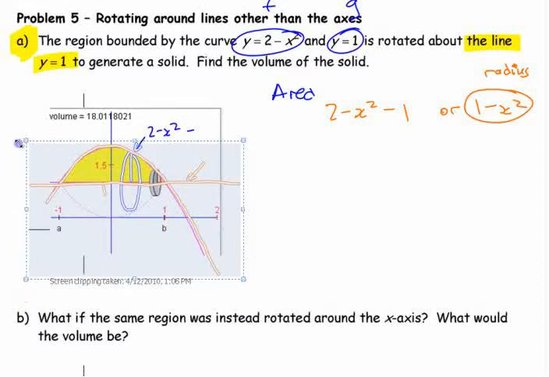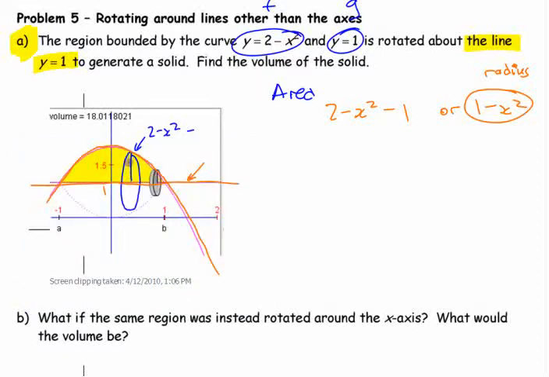That's one way to think about it. The other way is to think about the length of this: leave it where it is and say it's this height minus this height, the difference between those two. It's however high this is minus however high the axis is. So it's 2 minus x squared minus 1, or 1 minus x squared. This is the radius.